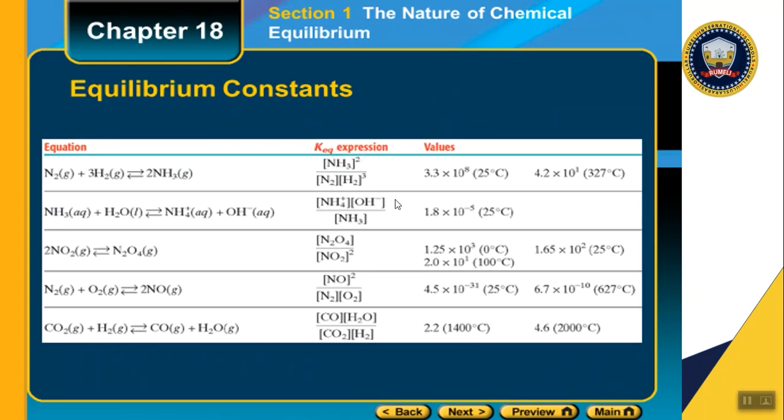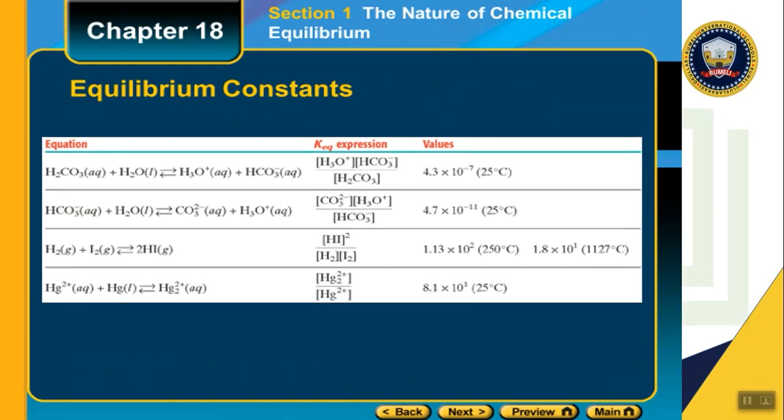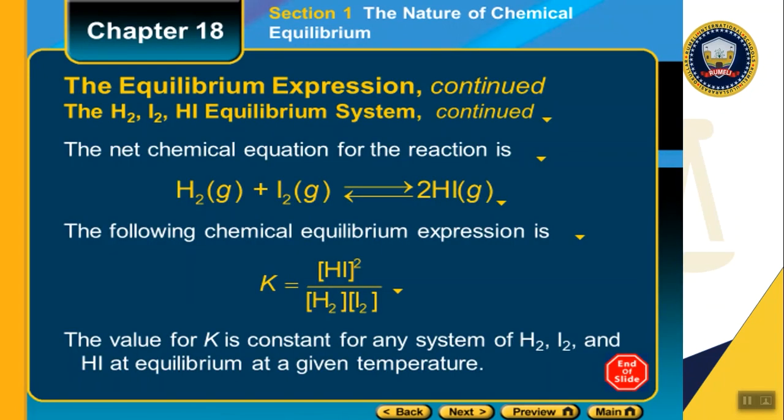Here are some calculations. You should review these calculations. This is another equilibrium constant, K equals the concentration of HI to the power 2. Why power 2? Because you have coefficient 2 here.